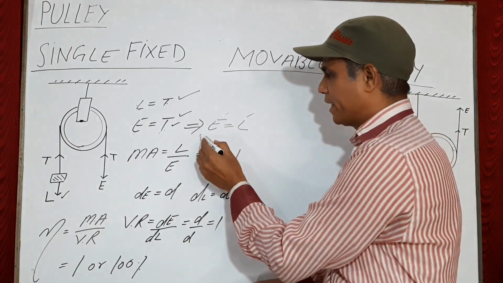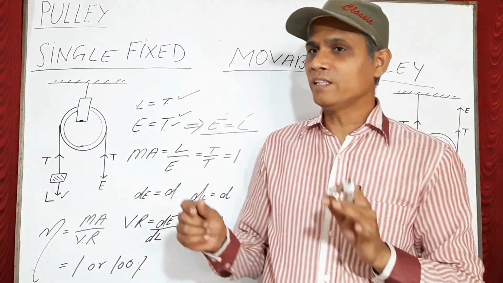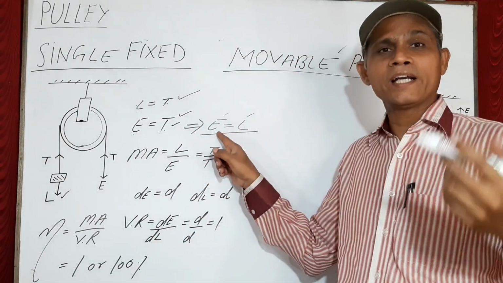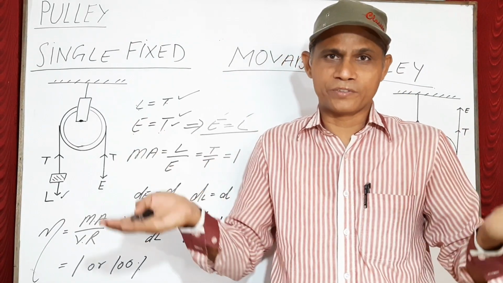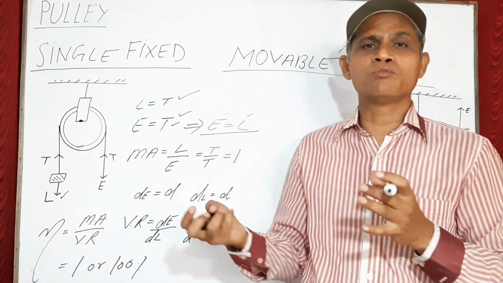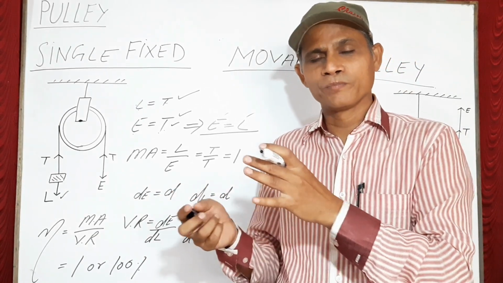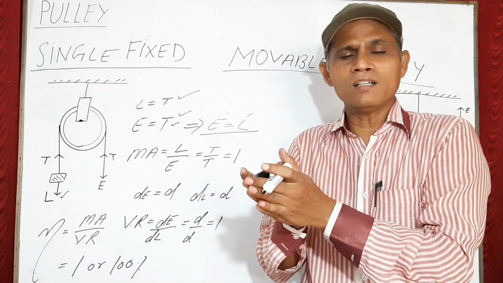Now keep it in your mind, in case of a single fixed pulley, the effort applied is always equal to the load which we are to lift. Effort and load are equal. For example, if you want to lift a body of weight 10 newtons, then you will have to apply the same force.